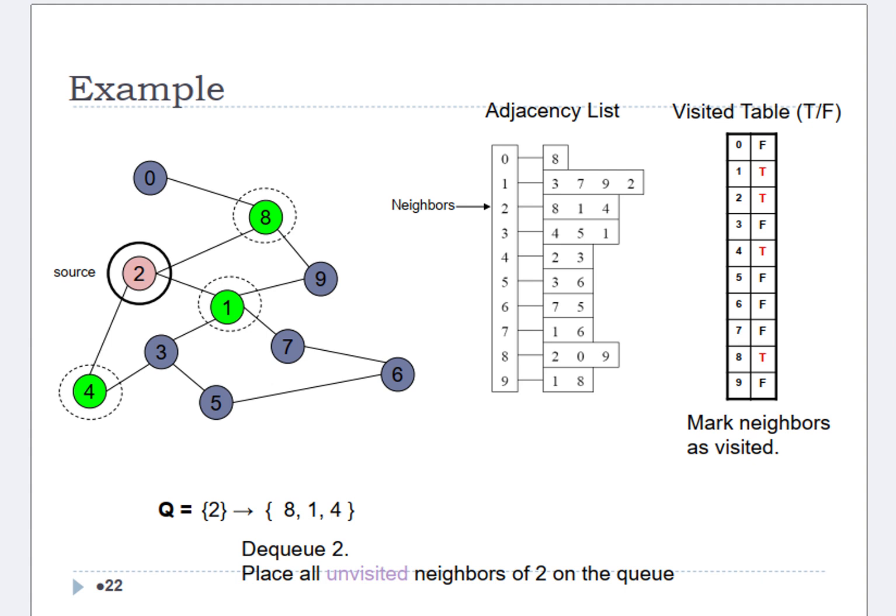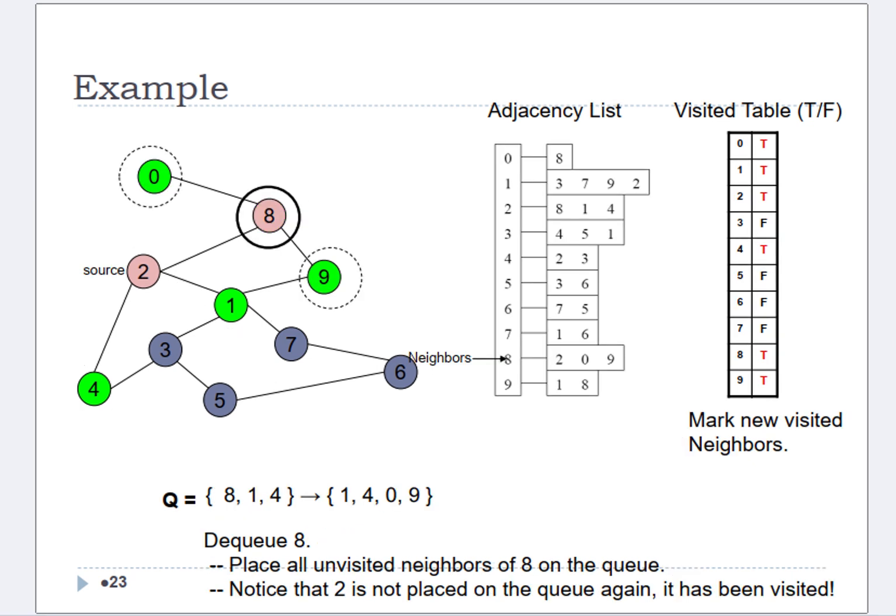Place all unvisited neighbors of 2 on the queue. 22. We mark the new visited neighbors. Q equals 8, 1, 4, then 1, 4, 0, 9 after dequeuing 8. Place all unvisited neighbors of 8 on the queue. 23. Notice that 2 is not placed on the queue again, it has been visited.